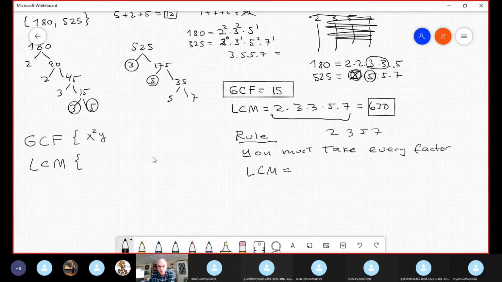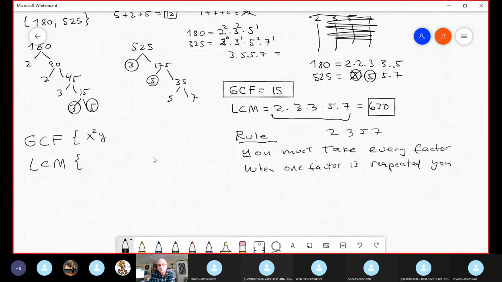Let me finish the idea. The idea is, only when one factor is repeated, you have to take the majority of them.